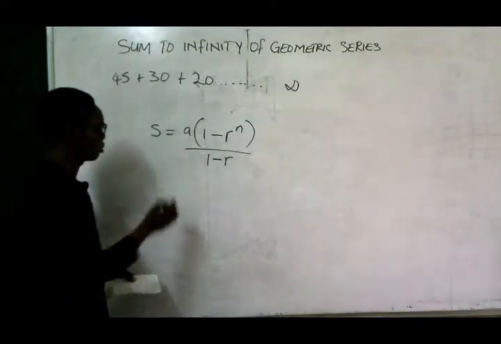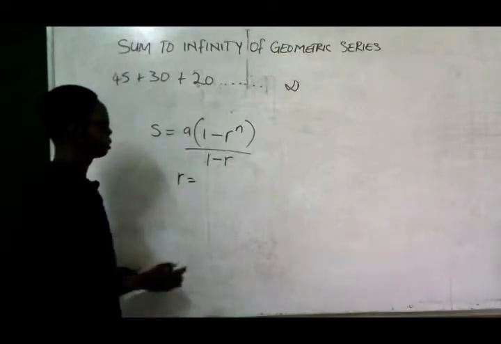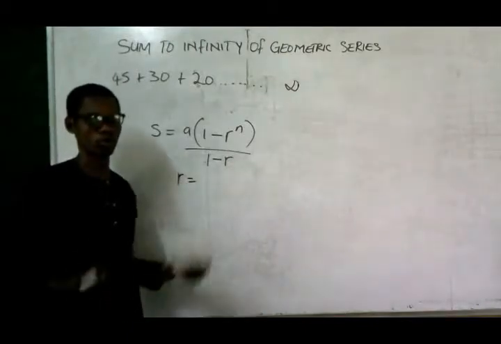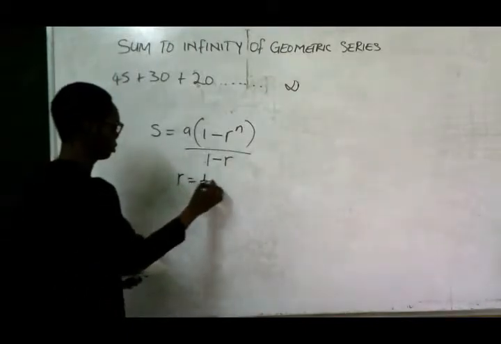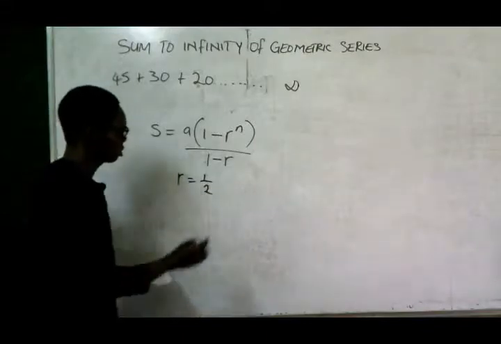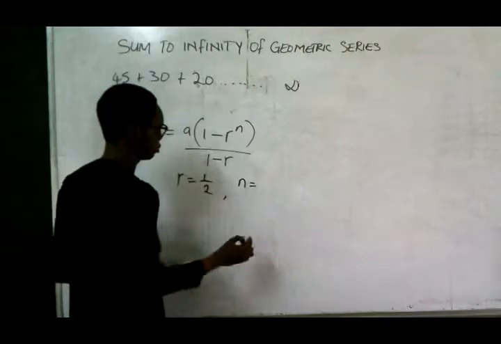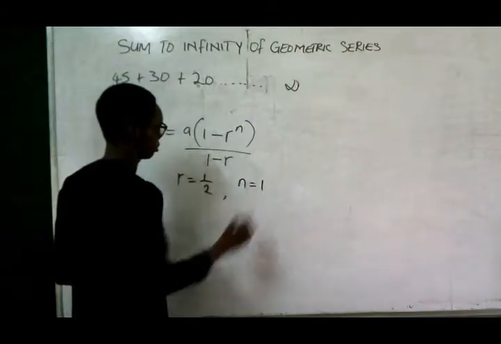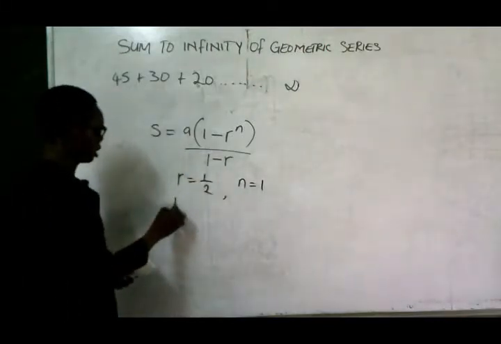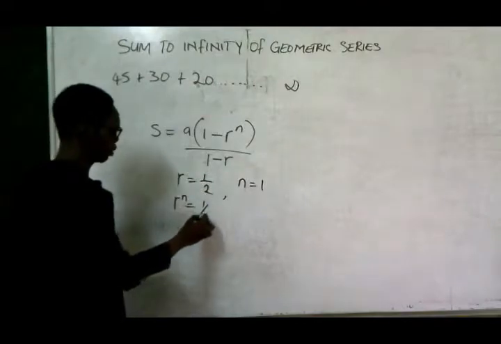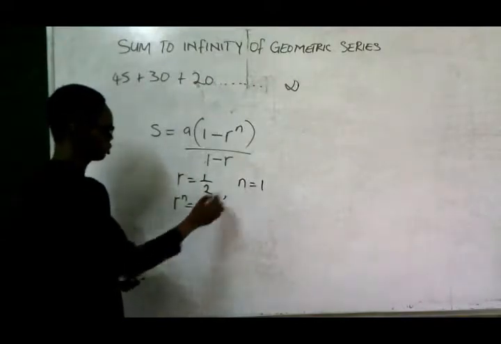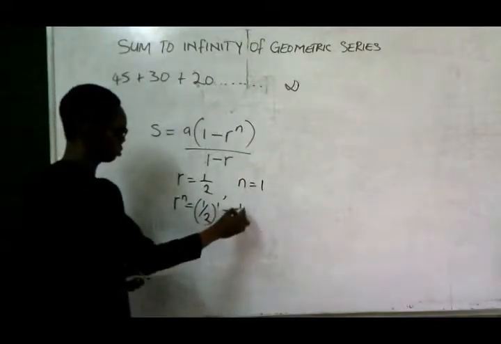If the common ratio is a fraction, say r is 1 over 2, and n is equal to 1, it means that r raised to power n is 1 over 2 raised to power 1, which is equal to 1 over 2.